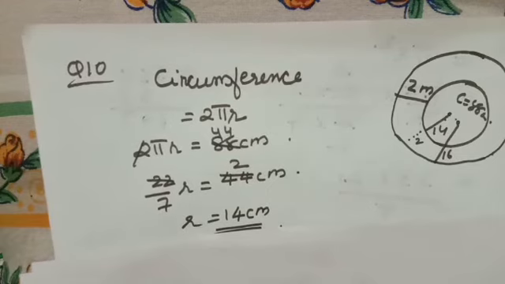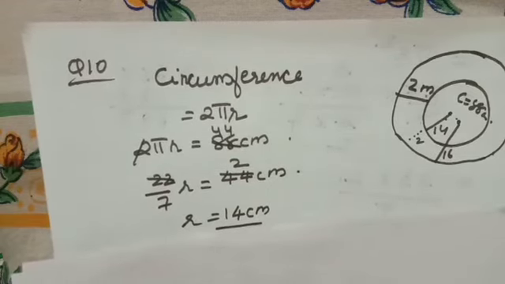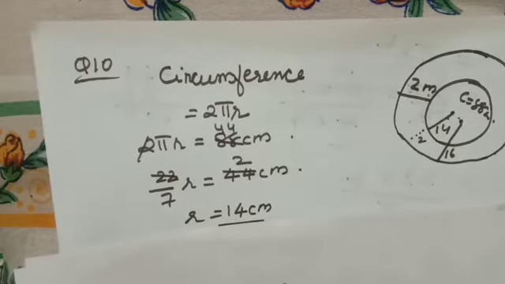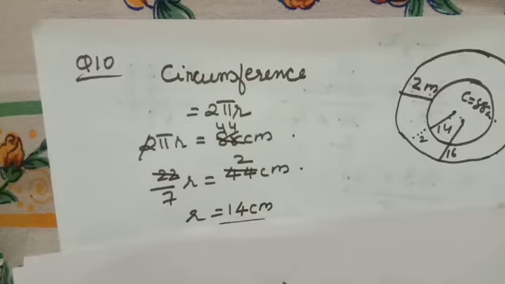A 2-meter wide road runs around a circular park whose circumference is 88 meter. Find the cost of fencing the outer boundary of the road at the rate of rupees 35 per meter.